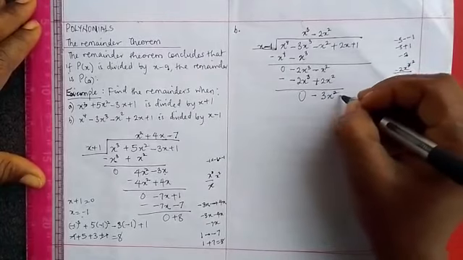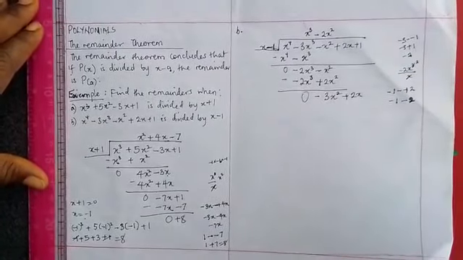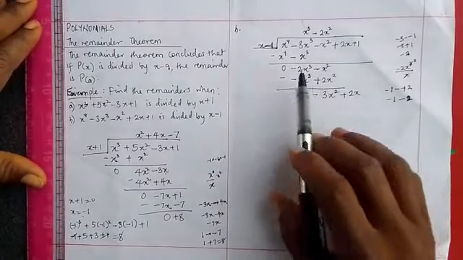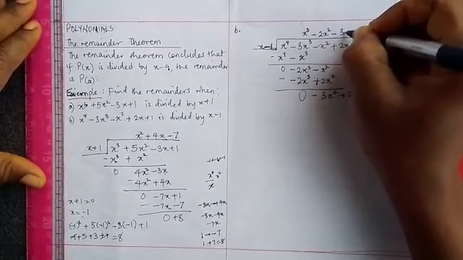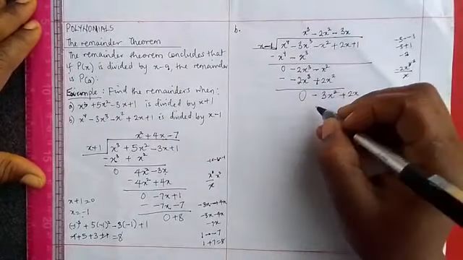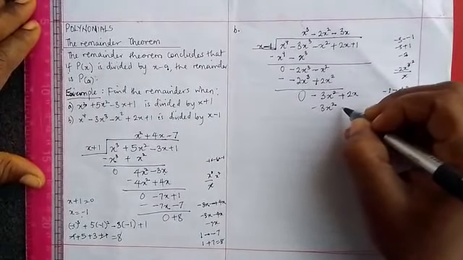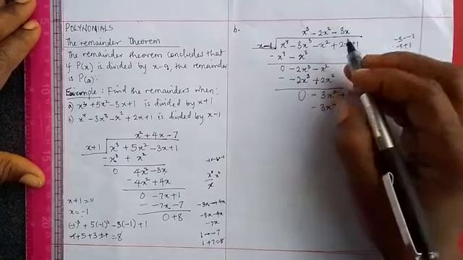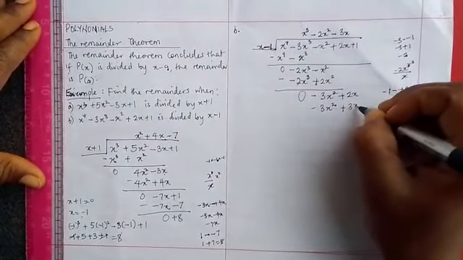We bring down the next number, plus 2x. Minus 3x squared divided by x gives us minus 3x. Multiply it again to give you minus 3x squared. Okay, minus times minus will give us plus 3x.